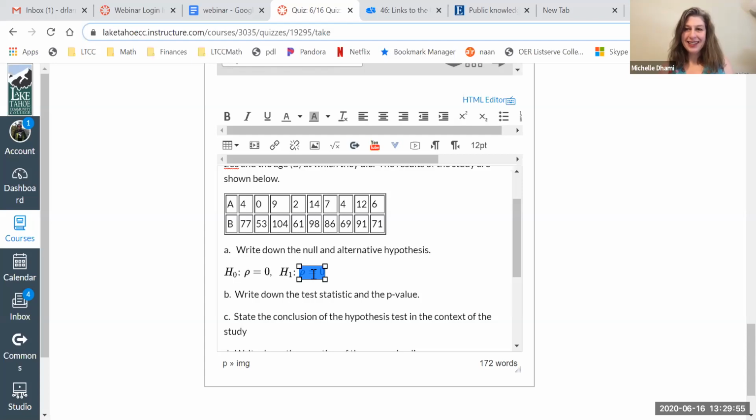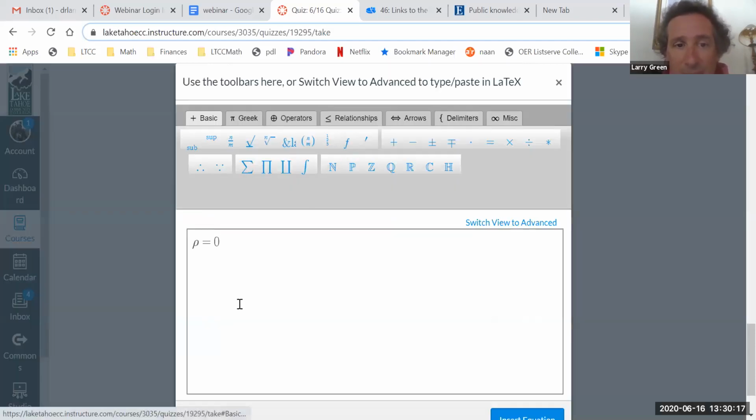So part A is to write the symbols. What is the null and alternative hypotheses? Remember, chapter 11 is words, and all the rest of them so far, including chapter 12, are symbols only. Chapter 13 is going to be a mix, as we'll see in a bit. All right, so let's go fix this up.